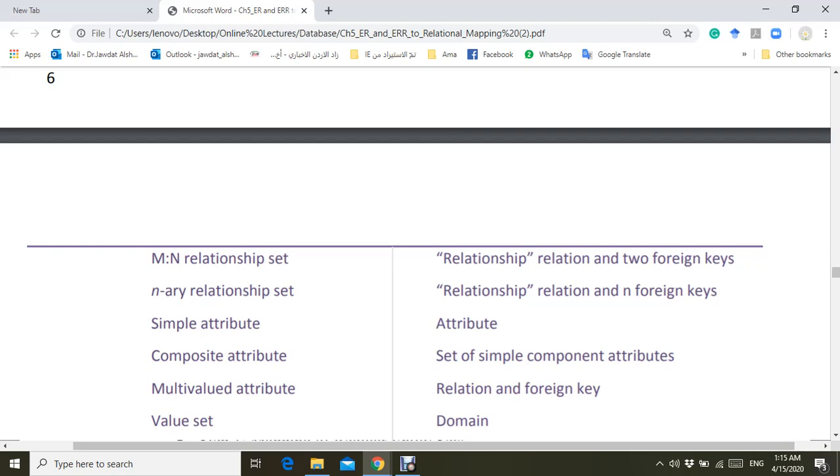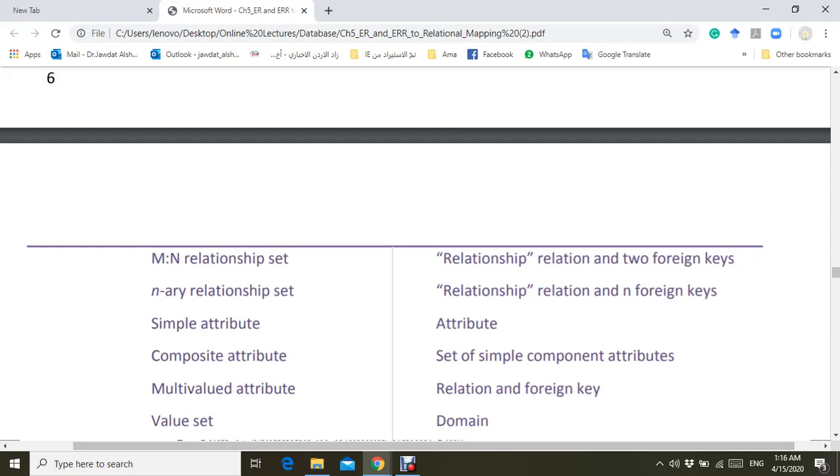So we make a relation, and for each entity involved in this relationship, we put a foreign key inside this relation referencing the involved entity or relation.